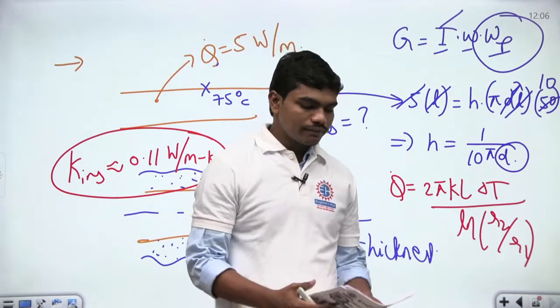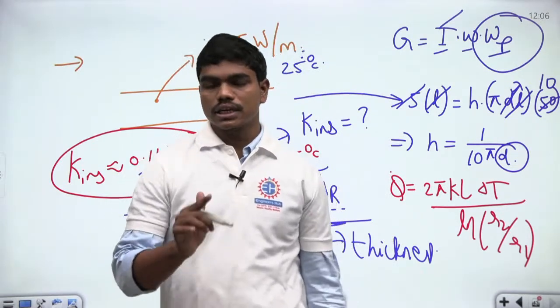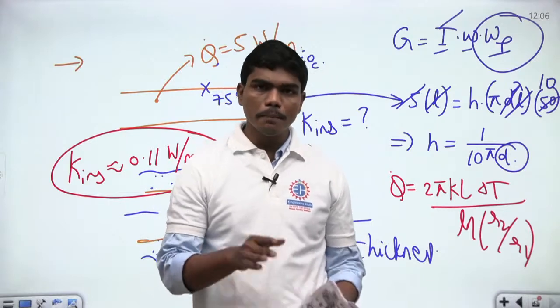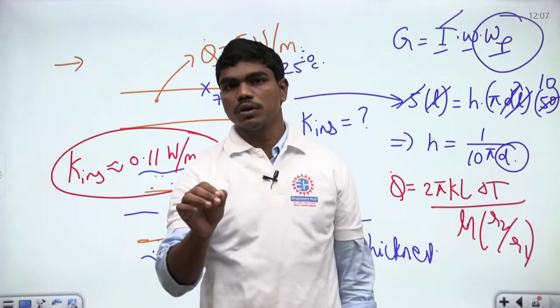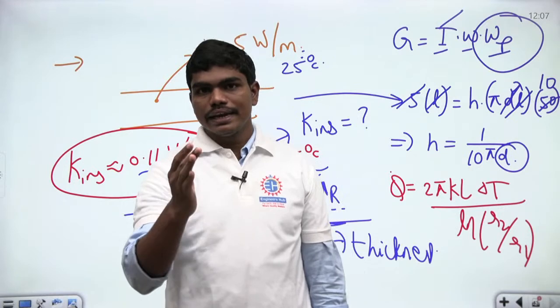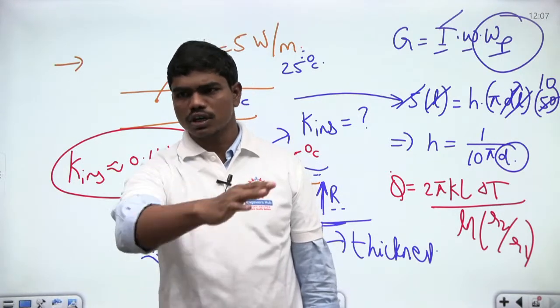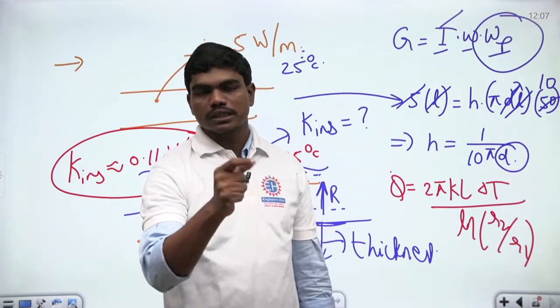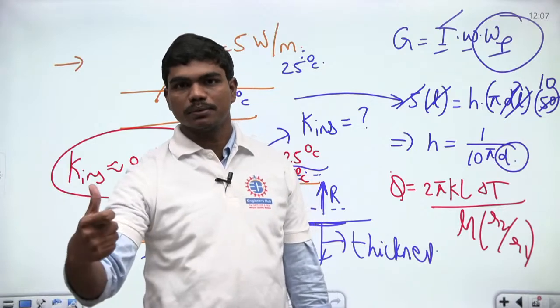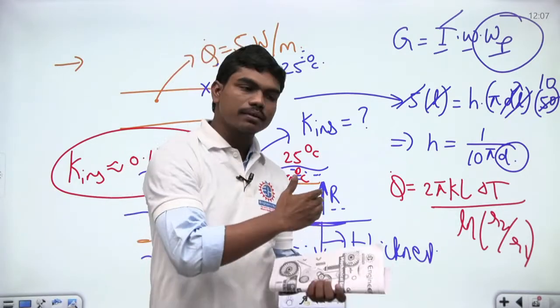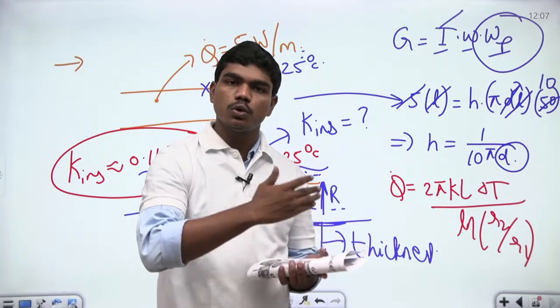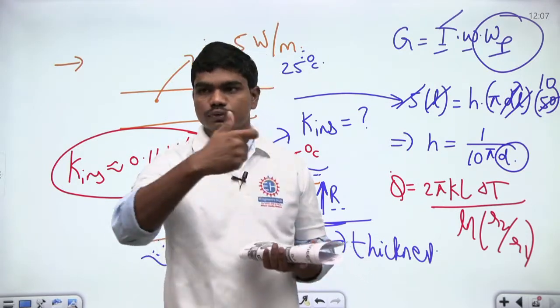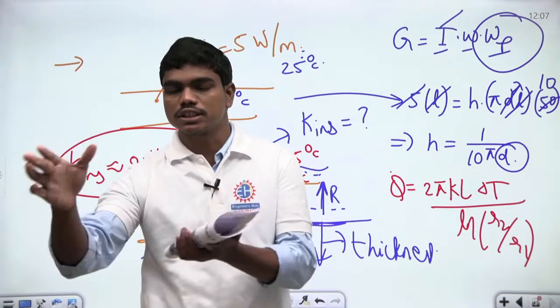Anyhow, these are the questions, and one important suggestion I want to give to all of you. Please listen. Whoever got a low GATE score, please don't worry, because in many IITs, almost all the IITs, along with the MTech program, there is one more program called the MS program. Generally the MTech program is given to students who have a high GATE score, but the MS program is research oriented.